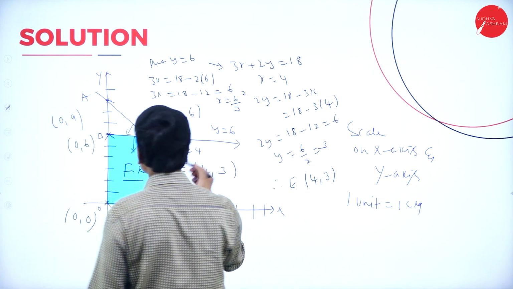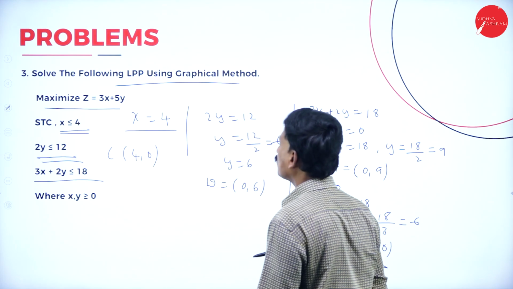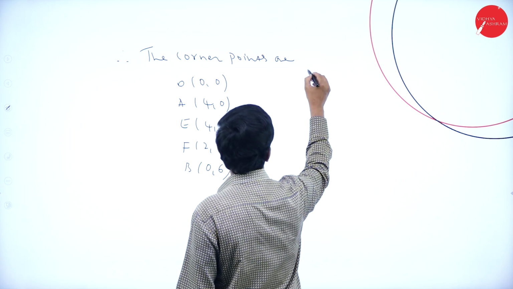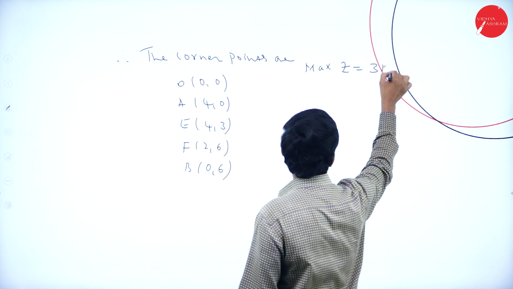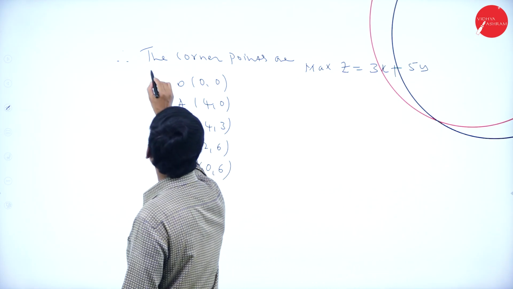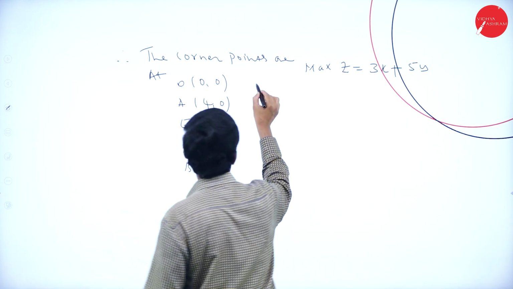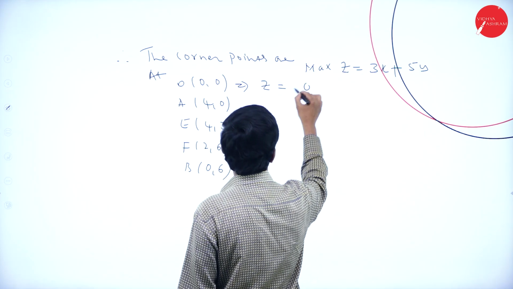Now substitute this. What is the objective function? Maximize Z is equal to 3x plus 5y. Substitute here at the corner points. At 0, 0 implies Z is equal to 0.